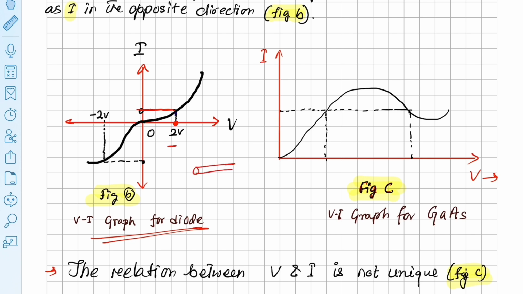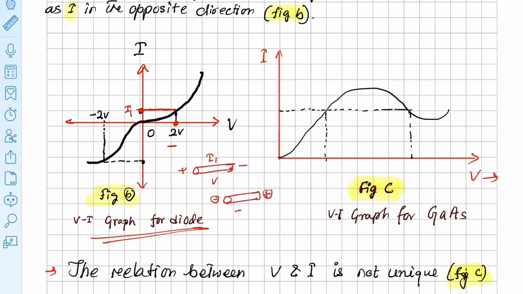But when you change the polarity, suppose now this is positive and this is negative. When the voltage is 2 volt, you have got a certain current, say I1, when the voltage is V.